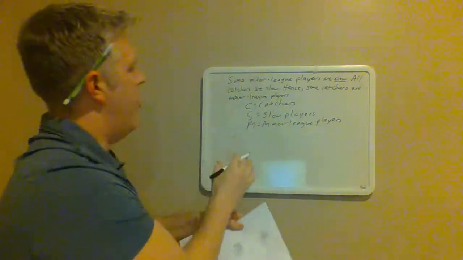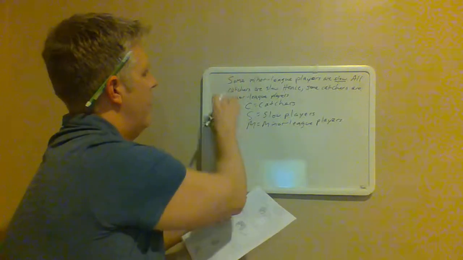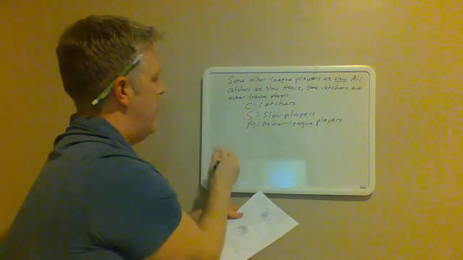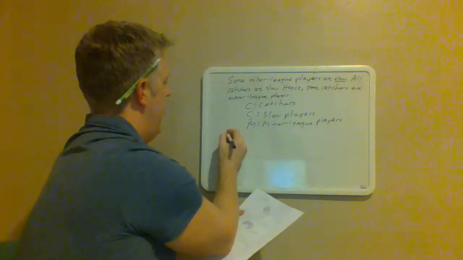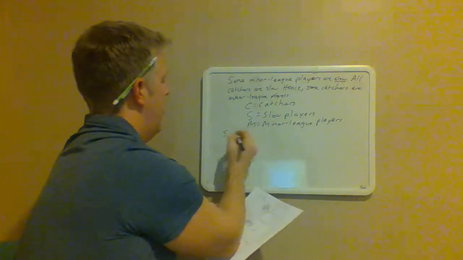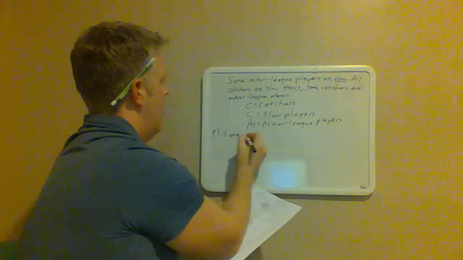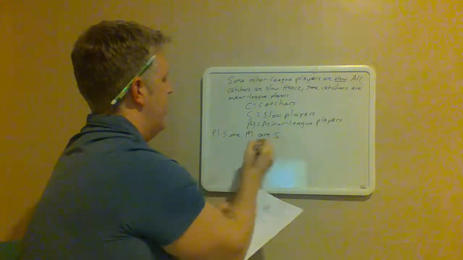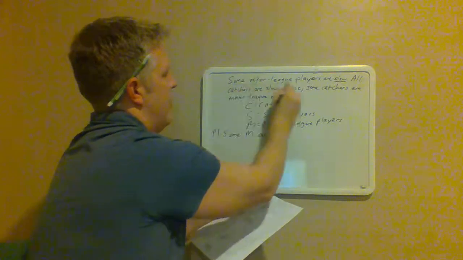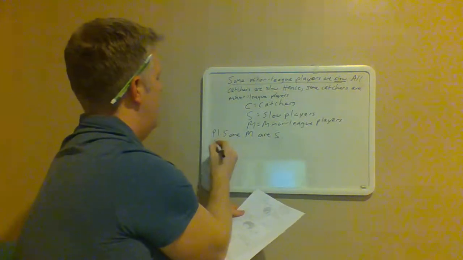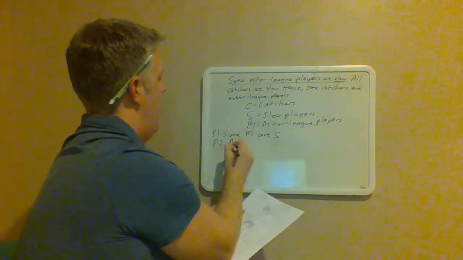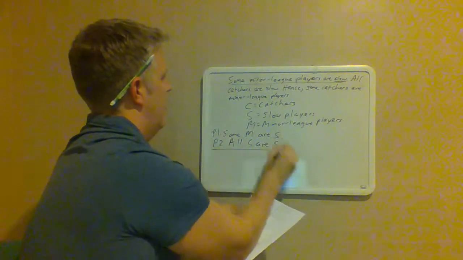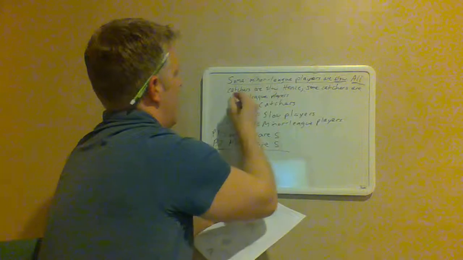Now we'll go back and try to symbolize what was said in standard form claims using just these basic letters, right? So we have, this would be premise 1, some M are S. That's the first sentence here. Premise 2 is all C are S. That's this one.